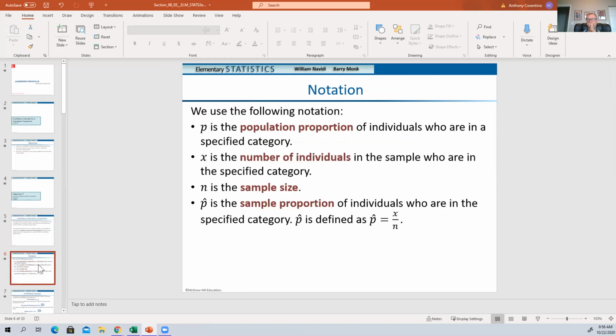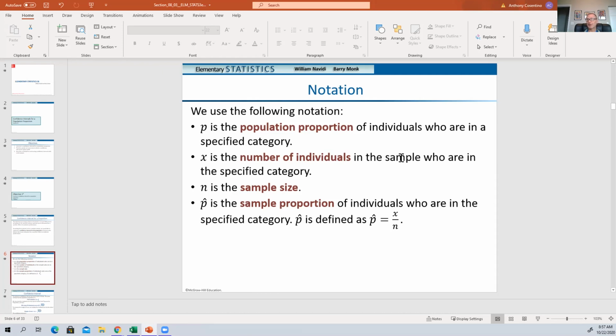And so here are a few definitions. The population proportion we're defining as P, and that would be the probability. X is the number of individuals in the positive, which would be 632. Our sample size N would be 800.